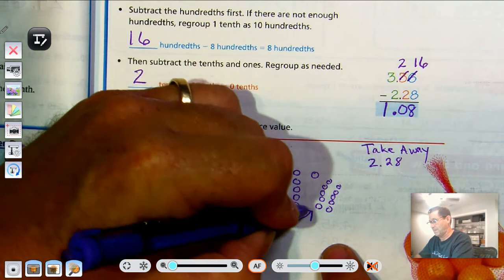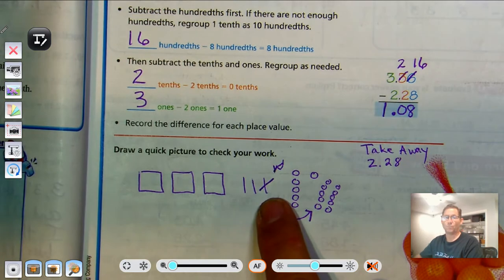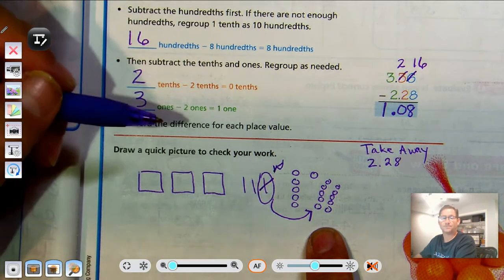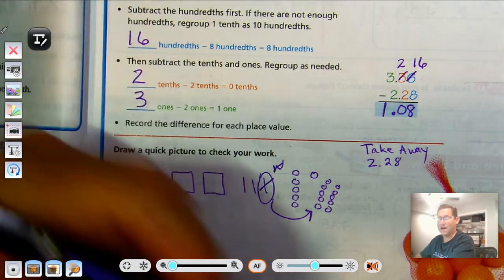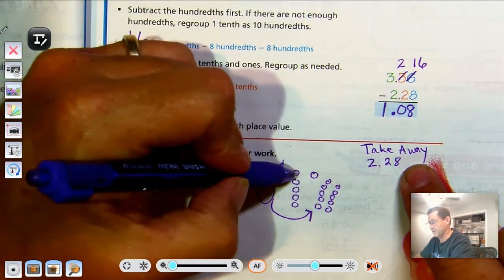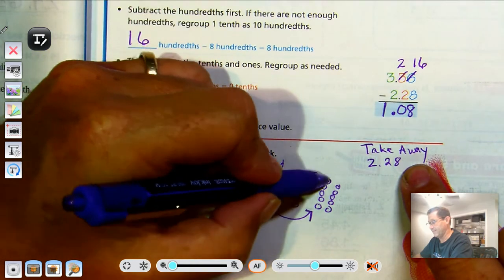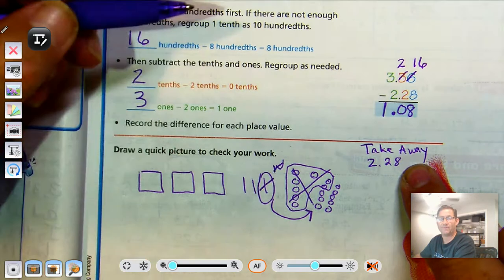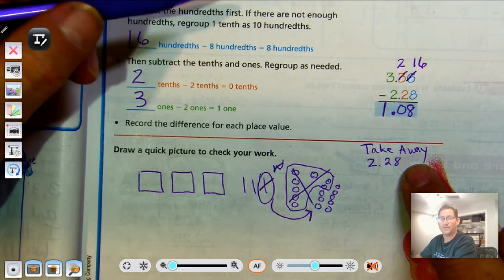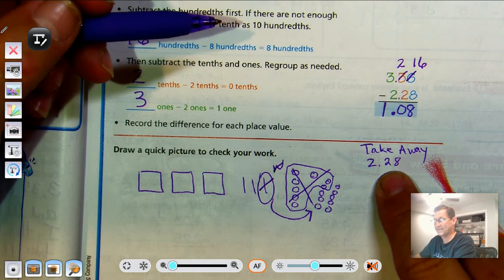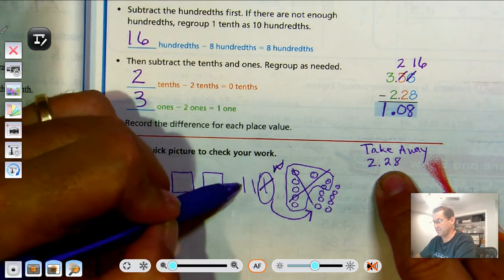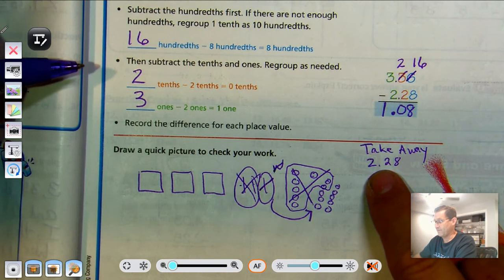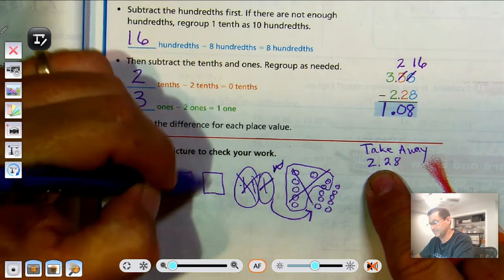Okay. So I regrouped one of the tenths and gave it to the hundredths. Now we can take away 8 hundredths. 1, 2, 3, 4, 5, 6, 7, 8. And we're going to cross that out because we don't have those anymore. Now we need to take away 2 tenths. Well, there's 2 tenths left, so I can cross those out. And now we need to take away 2 ones.